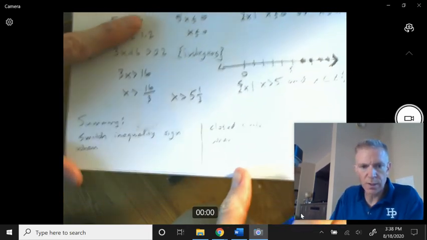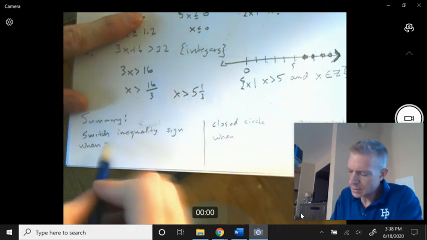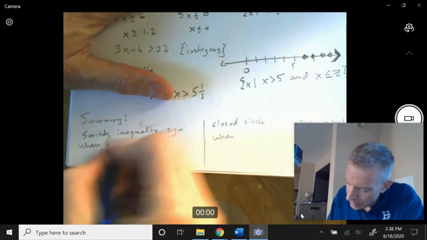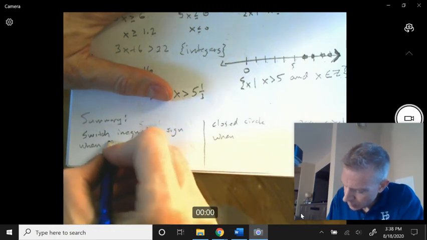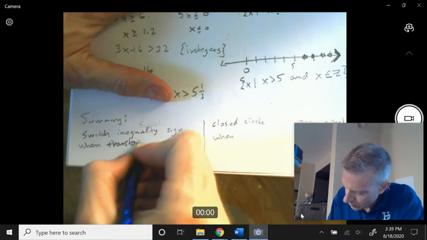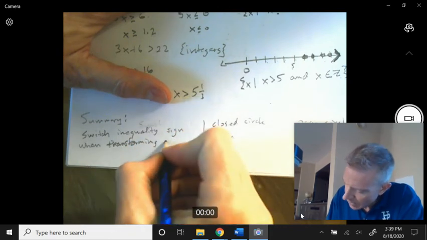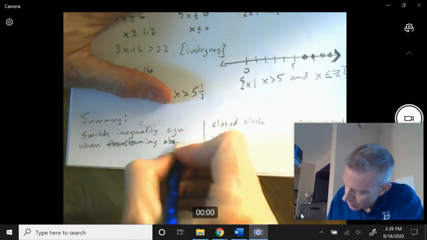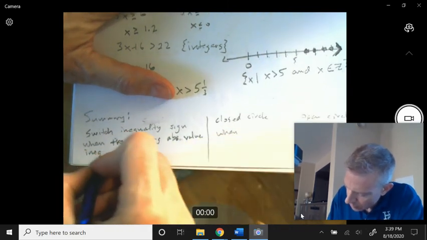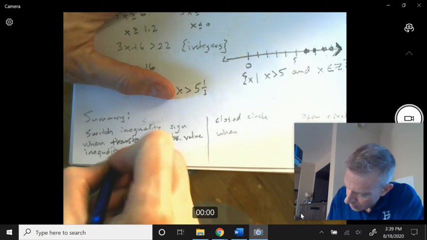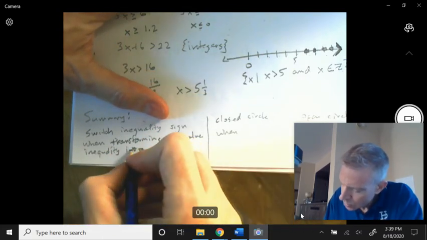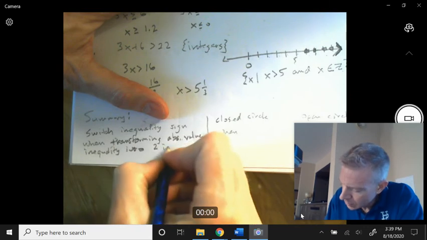So in summary, when do we switch the inequality sign? We switch the inequality sign when transforming an absolute value inequality into two inequalities.